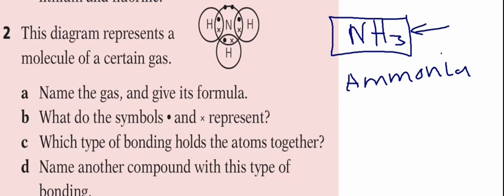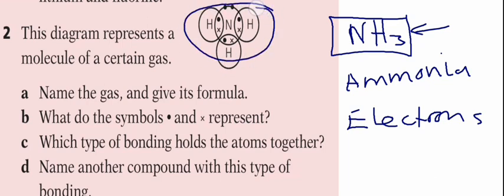Then B. What do the symbols, the dot and the cross, represent? They are just representing the electrons. And for C, which type of bonding holds the atoms together? They are talking about the same molecule here. Nitrogen is a non-metal, and hydrogen here we are just going to consider to be a non-metal.